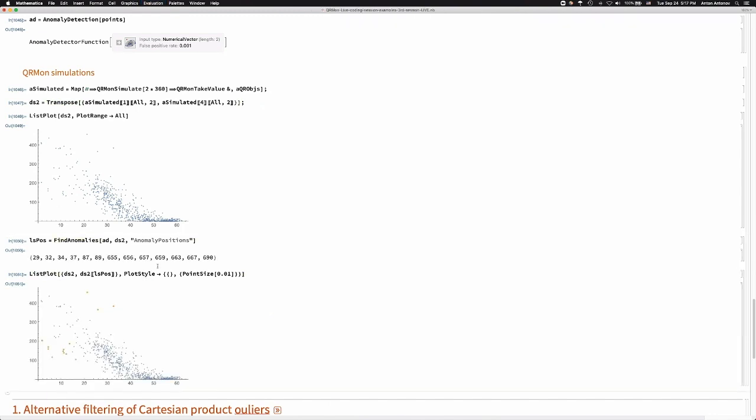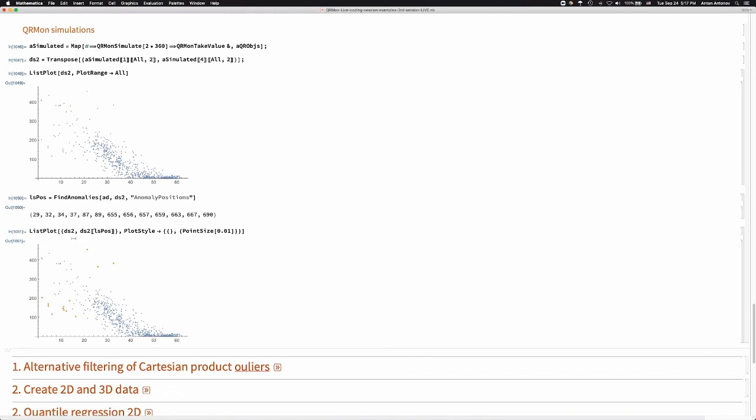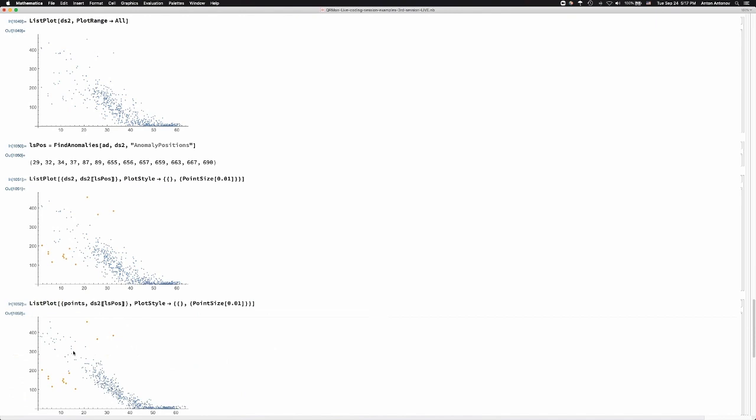Here we find some anomalies, and from the anomaly detection function we generated here, we can see what the anomalies are. But here I have plotted the new points. Let's actually plot the original points and see how these are obviously outliers according to the original points.